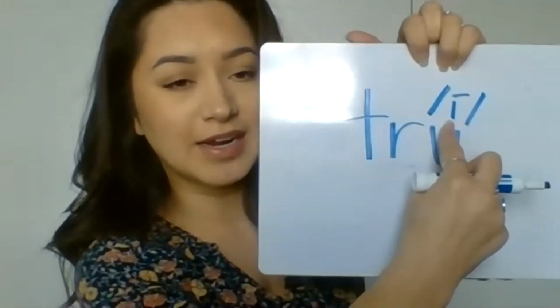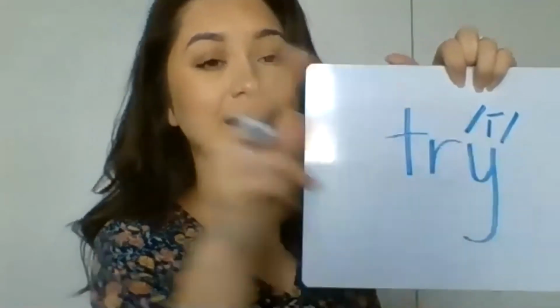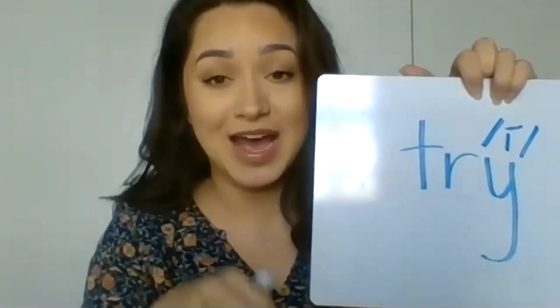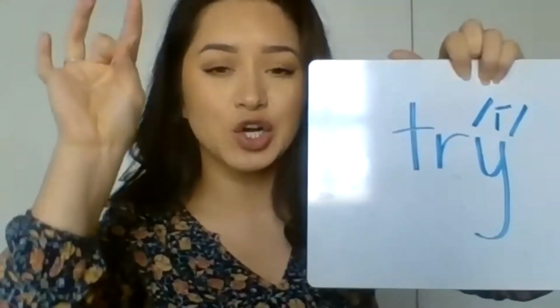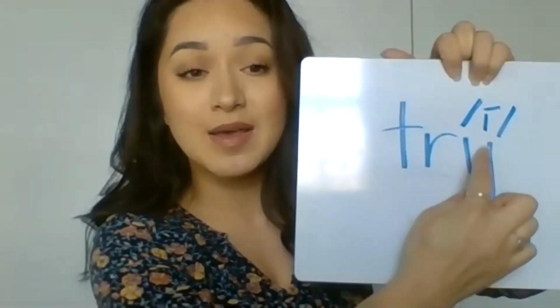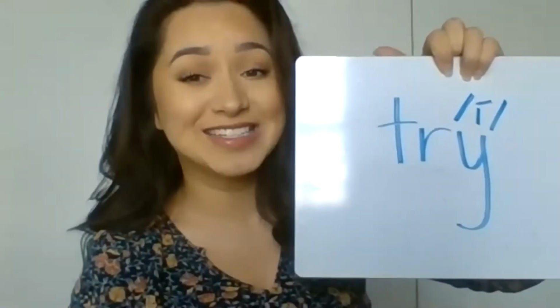I. It will have a long I sound, and we mark that up by putting that long I sound. All right, it's an I with a macron over it, and these little bars on the left and the right mean that it's the sound I, not the letter I, it's the sound. All right, let's tap this one out. Try. That Y is at the end of a one-syllable word, making that Y say a long I.